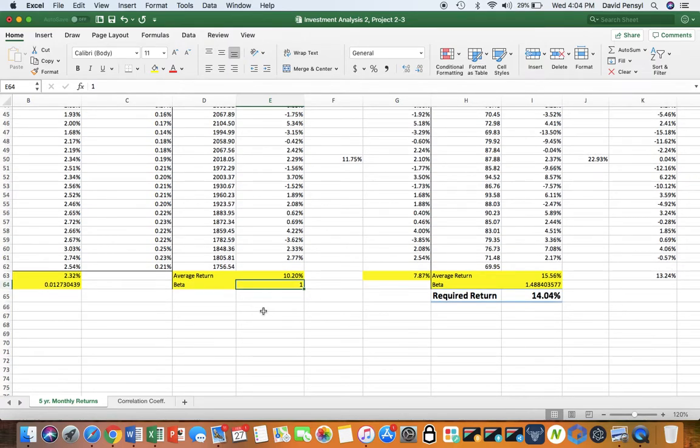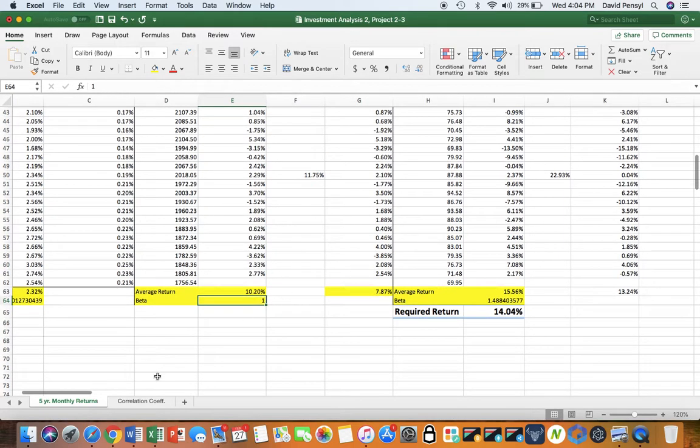Like we said before, if you have a beta on a stock that's greater than 1, that means it moves with the market, but at a higher magnitude. And if you have a beta less than 1, it still moves in the same general direction as the market, but at a lesser magnitude.